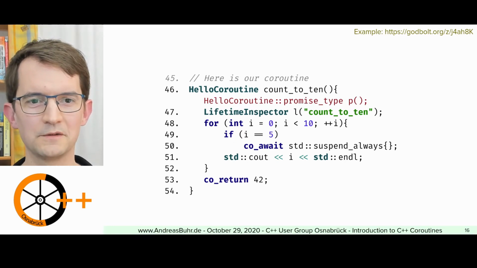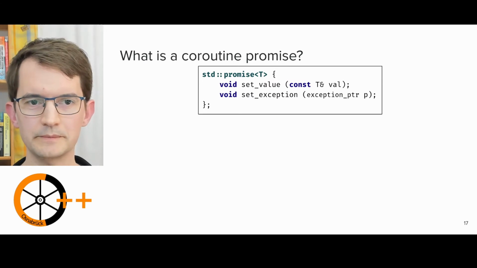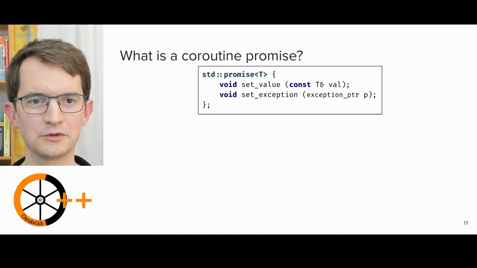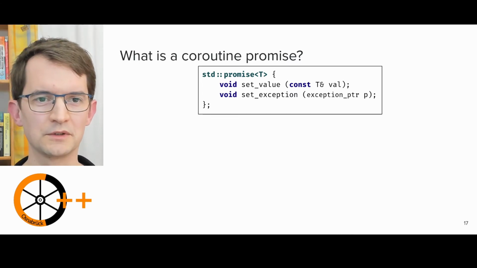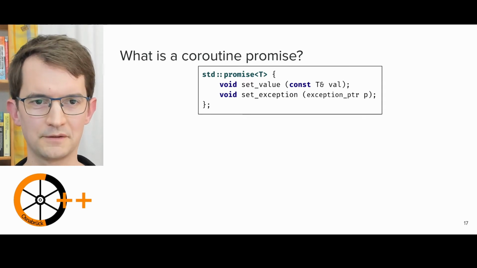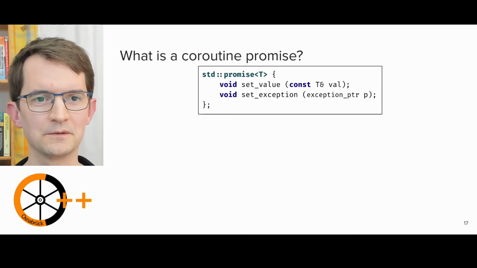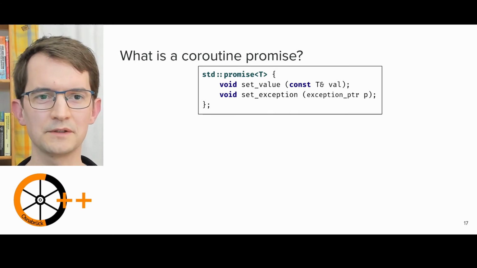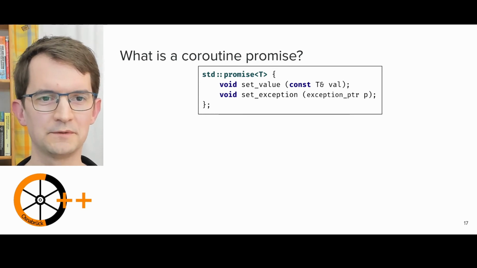You might know the std::promise. The std::promise is a means to return a result of an asynchronous operation to the caller in combination with a std::future on the other side, and it has, amongst others, those interface functions: set_value to specify the return value, and set_exception to notify the caller of some exception.